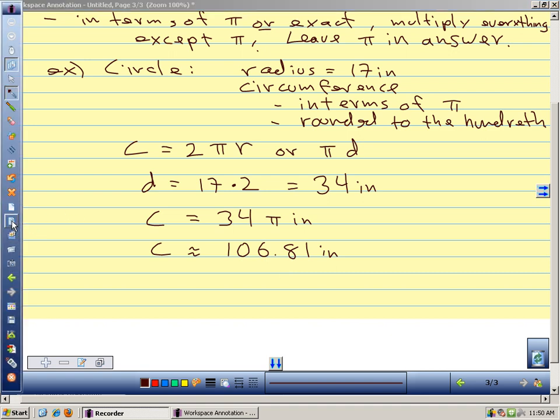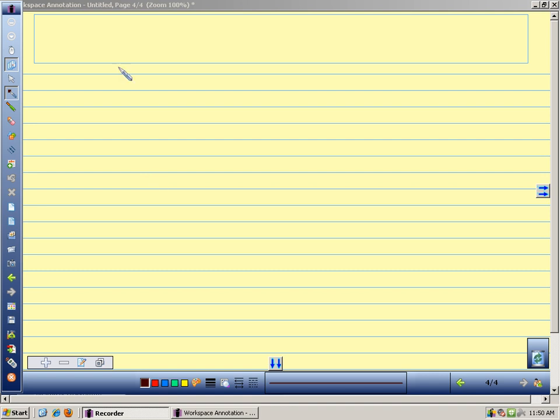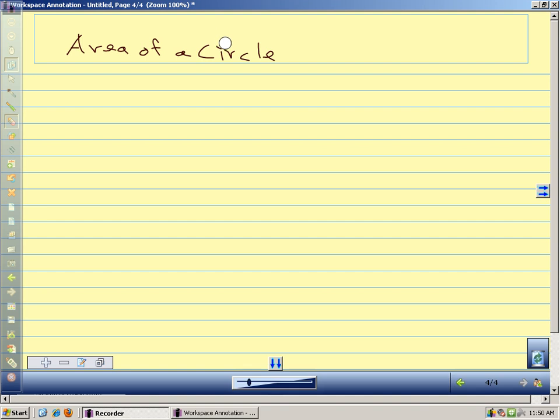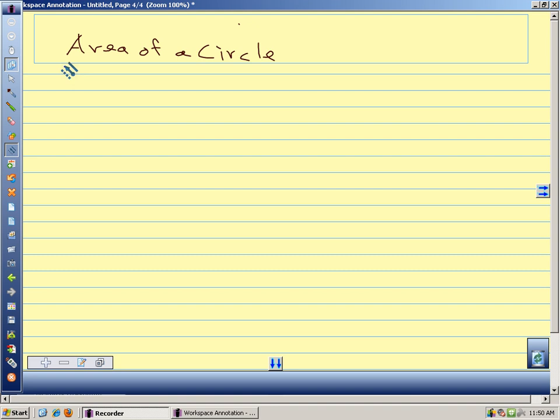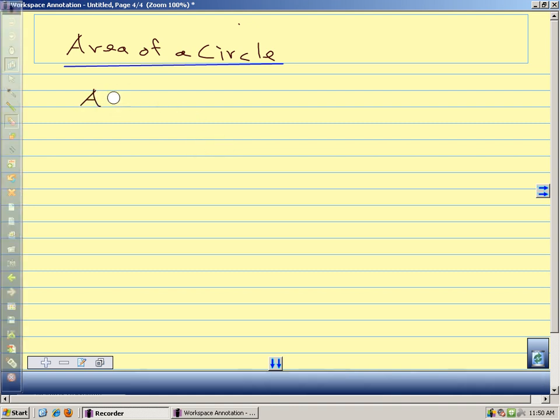All right, so let's talk about area of a circle. The formula for the area of a circle is probably one of the two most famous formulas in all of math. What's the formula for the area of a circle?